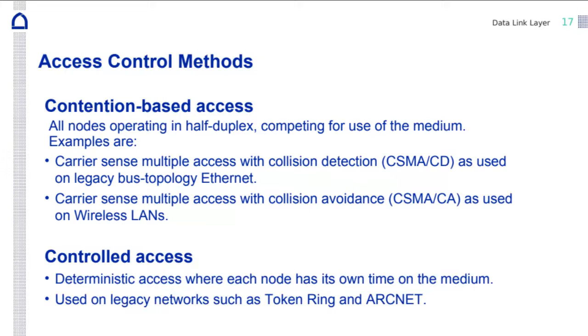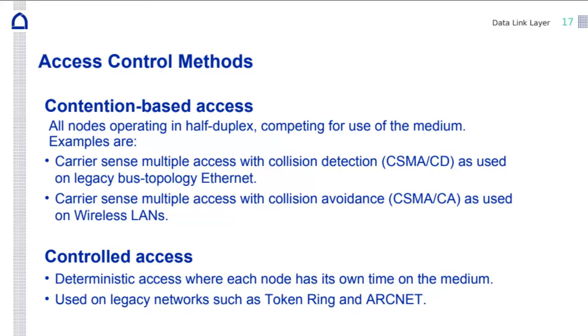Okay. So again, the access control methods. We have contention-based, which is carrier sense multiple access with collision detection. If there is a collision, each node will wait for a random time before they transmit again. The second method: the CD is the legacy one. The newer one is collision avoidance.